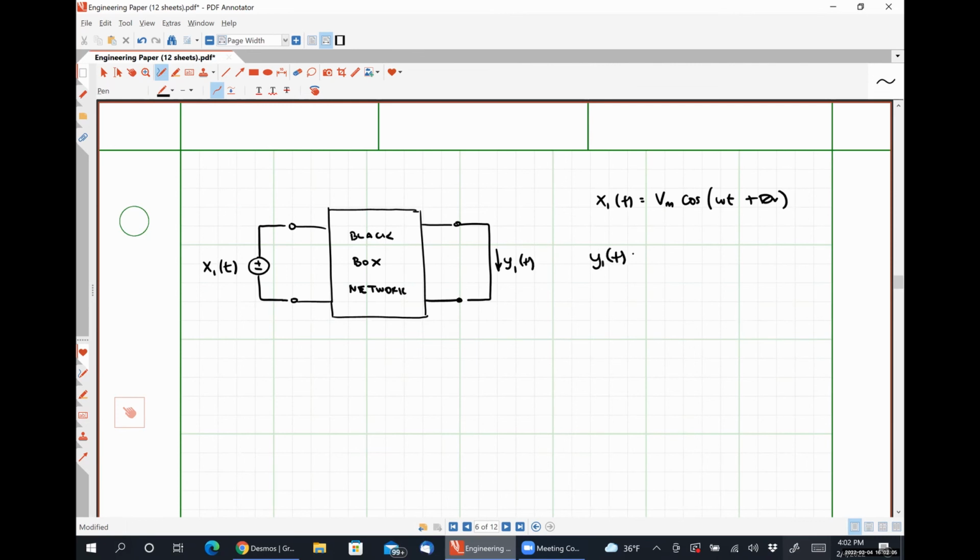We just showed that we should get a current waveform, Im cosine omega t plus theta I.